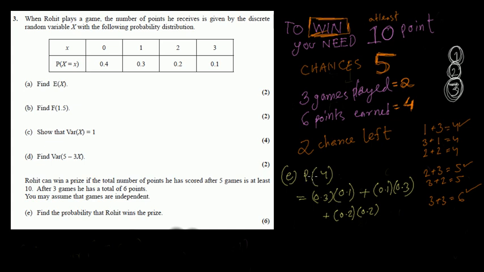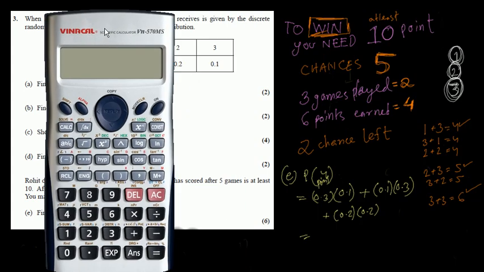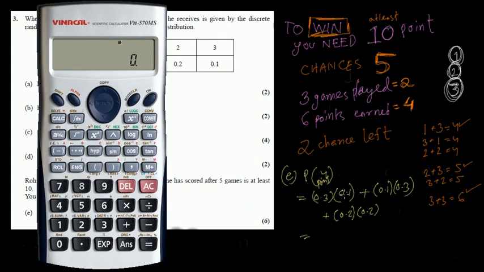So the probability that you get a total of 4 points, I should write points here, that probability would be 0.3 into 0.1, that is 0.03, plus again 0.1 into 0.3, that is the same, 0.06, plus 0.2 into 0.2, that is 0.1.